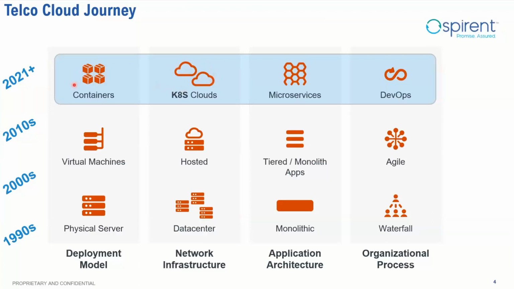The containers get installed on the Kubernetes cloud. The short name for Kubernetes is K8s. Between K and S in the full name Kubernetes, there are 8 letters, so they call it K8s in short. The containers get installed on Kubernetes.